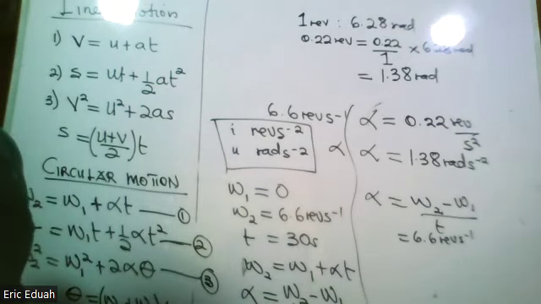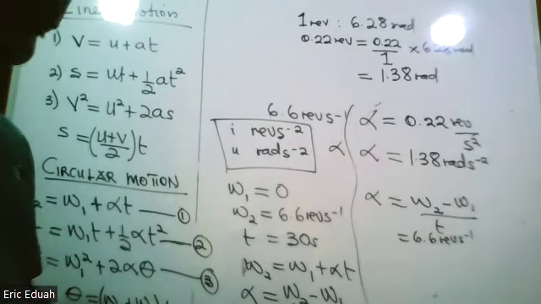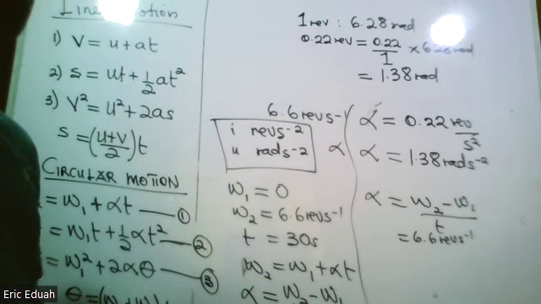Let's see how you are going to work towards the answer. So look at whatever the question gives you and pick the appropriate equation out of the three equations of motion there. All right, so about 3 minutes.